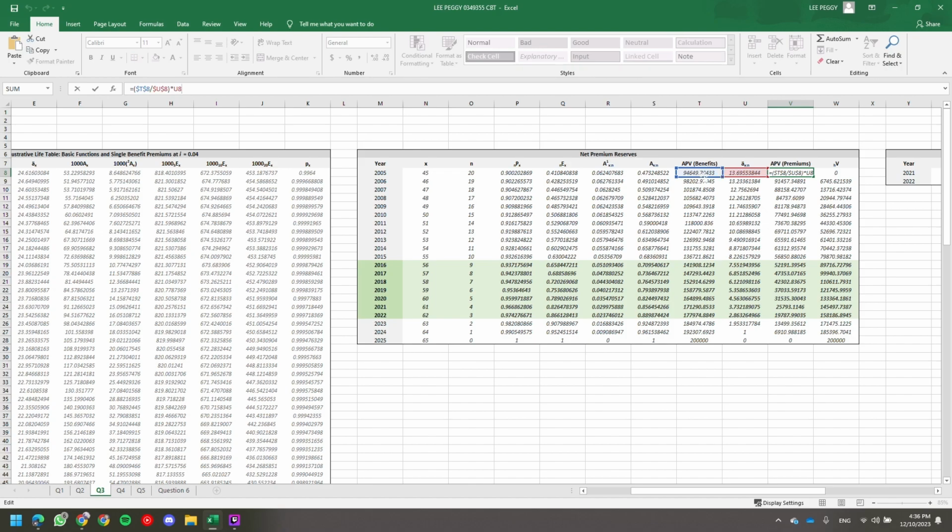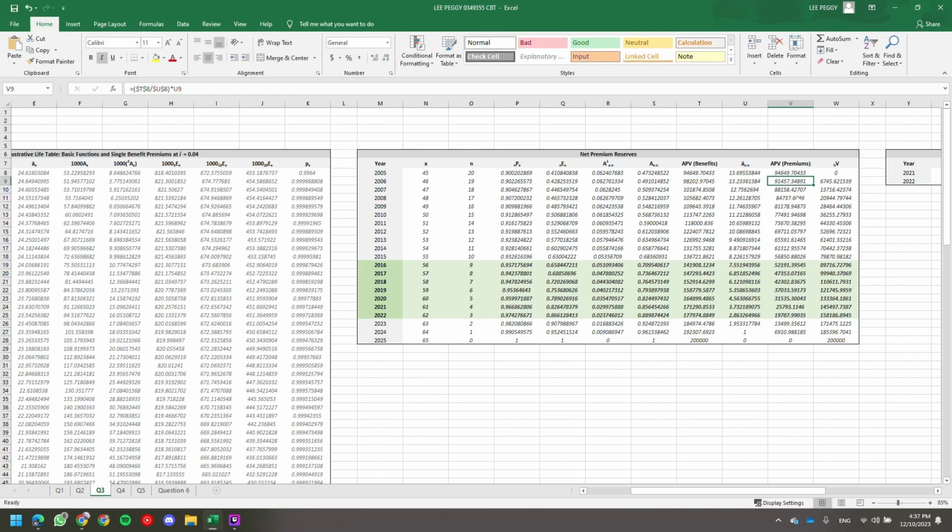The APV of premiums will be the APV of benefits for x equals 45, which is in year 2005, divided by the double-dot A_XN in year 2005, and then times the respective double-dot A_XNs.